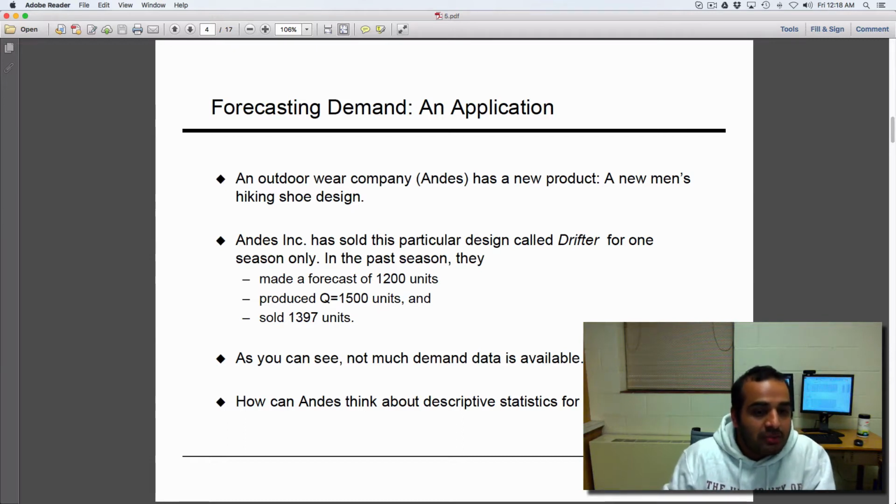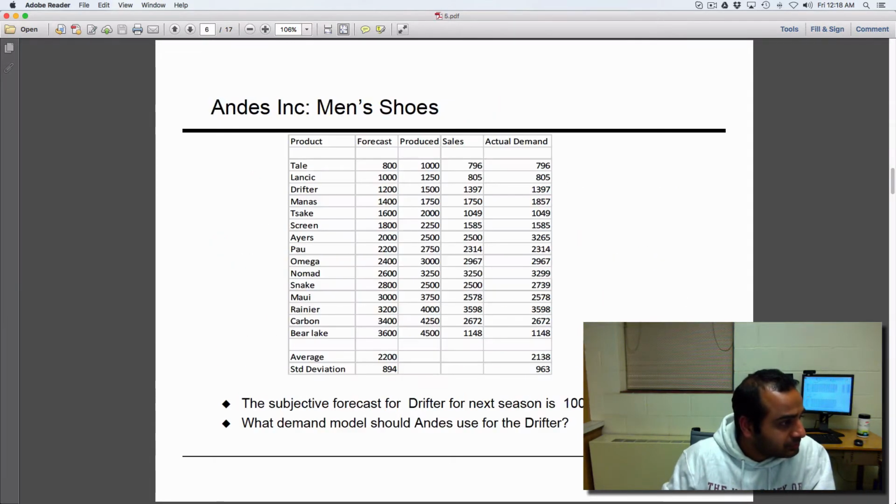We have data from Andes Incorporation for all their men's shoes. The table shows you all the products that they made in the last season, their forecast in the second column, and then the volume of production in the third column. The sales for those products in the fourth column, and the demand that they saw for all these products in the last column.